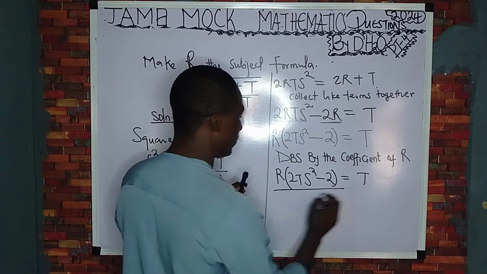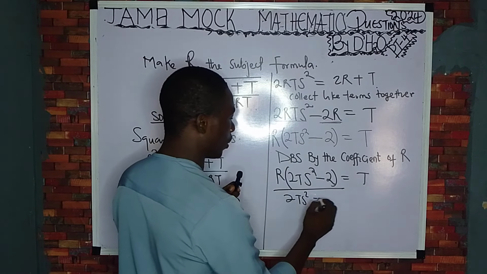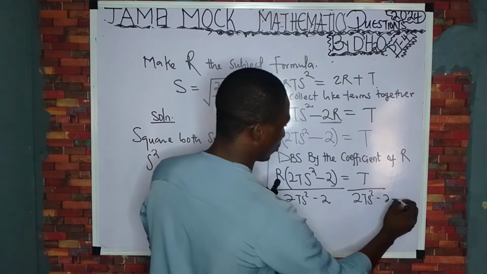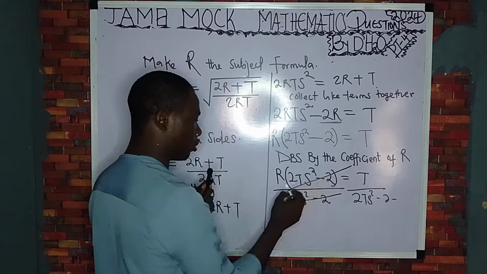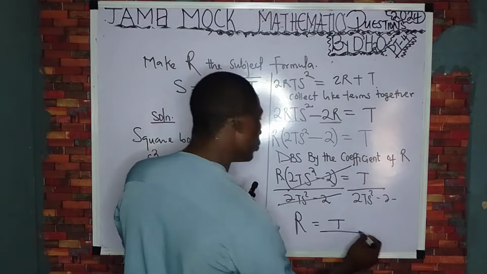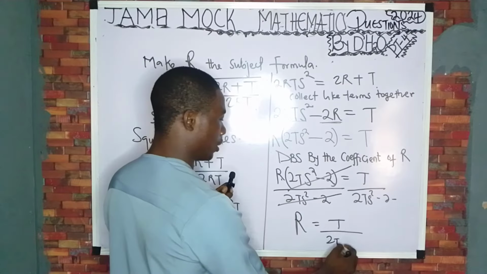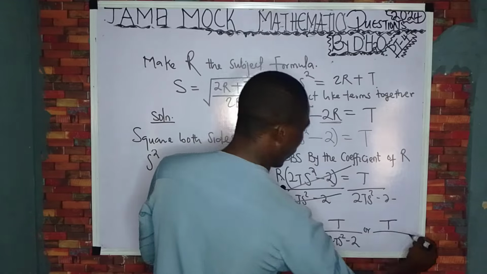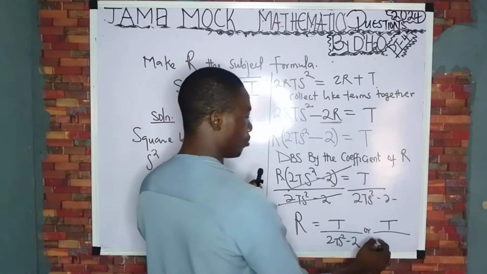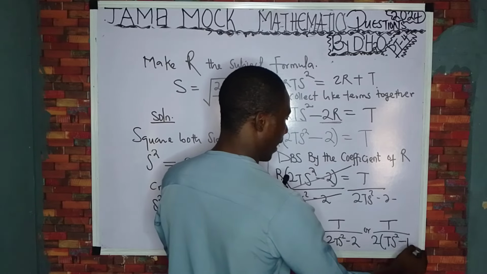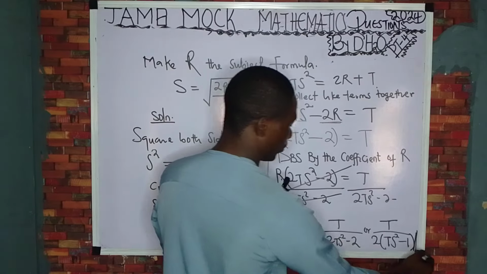You divide both sides by 2x squared minus 2. This will cancel this, so that r will be equal to (t plus t x squared) all over (2x squared minus 2), or, bring out what is common here, you have 2 bracket x squared minus 1. Thank you very much.